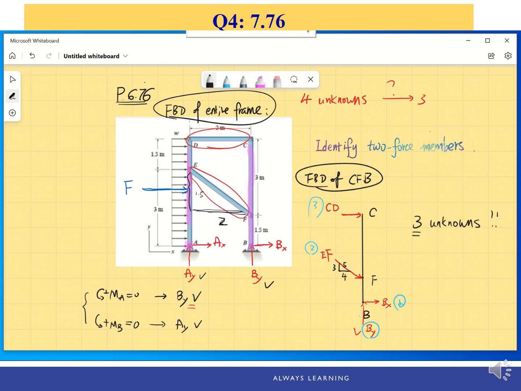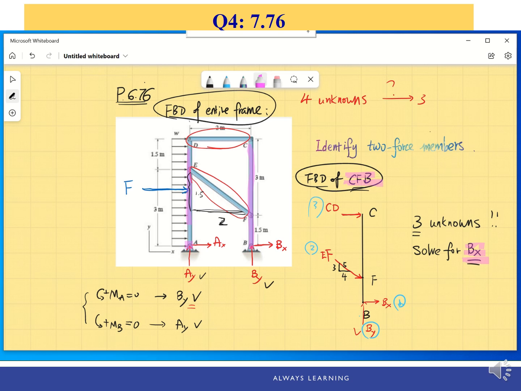So our goal is to solve BX because we do not need CD and EF, right? So you're going to solve for BX from the free body diagram of CFB.